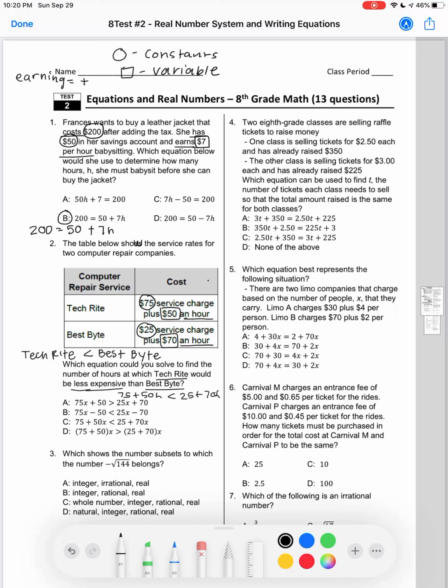So as we can see here, that is going to be C. So this one here, both of these have variables with them, so we already know those can't be correct.